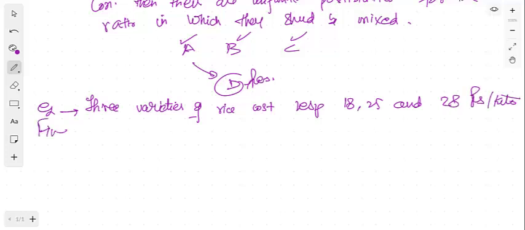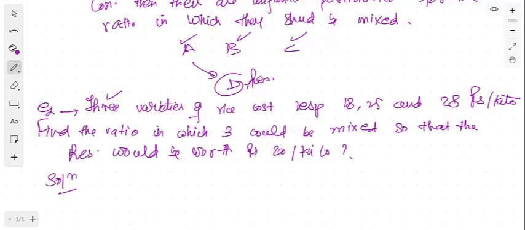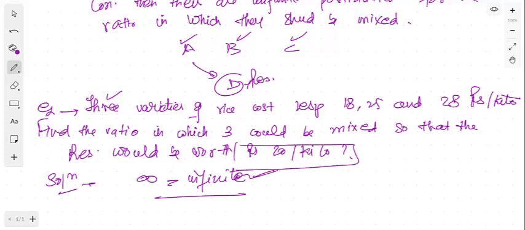Find the ratio in which all three could be mixed so that the resultant would be worth 20 rupees per kilo. Since three varieties are given, or if three or more varieties, your answer will be infinite, because there are infinite possibilities in which this can be mixed to form this resultant worth 20 rupees per kilo. So this is your answer for this case.